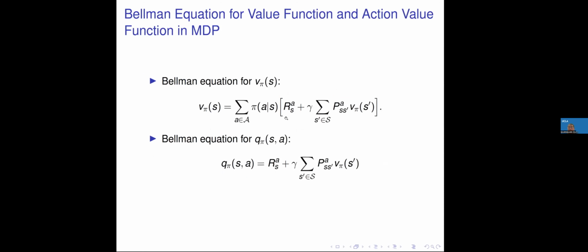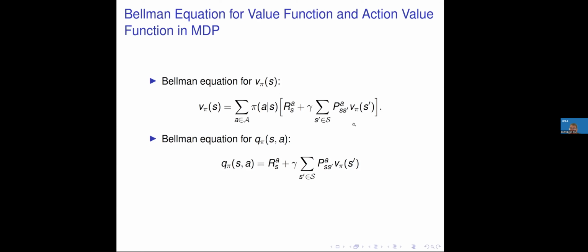With the definition of the value function and action value function, we can derive the so-called Bellman equation. I believe many of you have heard of the Bellman equation. It's named after Richard Bellman, and it is a central concept in dynamic programming and reinforcement learning, because many algorithms are derived from it. So the Bellman equation is as follows.